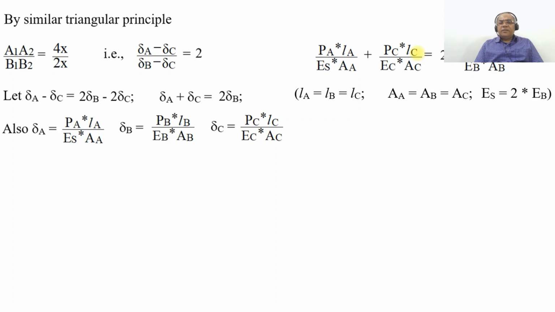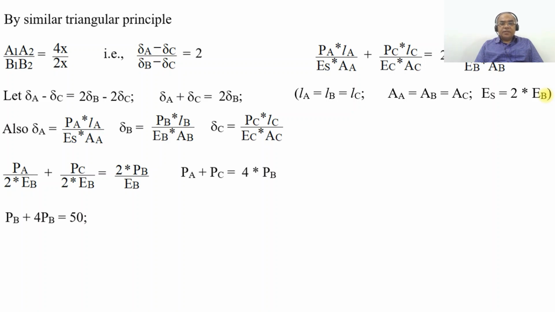So everything is going to get cancelled, and then PA by 2 times EB, because ES is equal to 2 times EB, plus PC by 2 times EB, because C is again steel, we are considering 2 times EB, which is equal to 2 PB by EB. On further simplification, PA plus PC will be equal to 4 times PB.